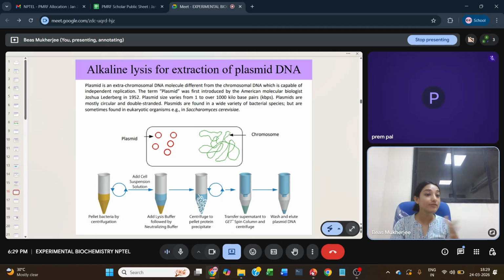Plasmids are found in a wide variety of bacterial species, but they are also found in eukaryotic organisms, for example, yeast. Now, plasmids are found in bacteria also. Okay, and plasmids provide different functions, for example, antibiotic resistance. A plasmid can help in propagation of different genetic information.